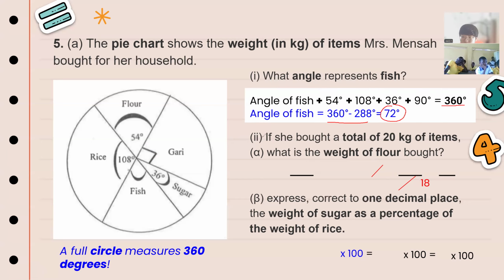Now let's look at number 2. If she bought a total of 20 kilograms of items, what is the weight of the flour bought?